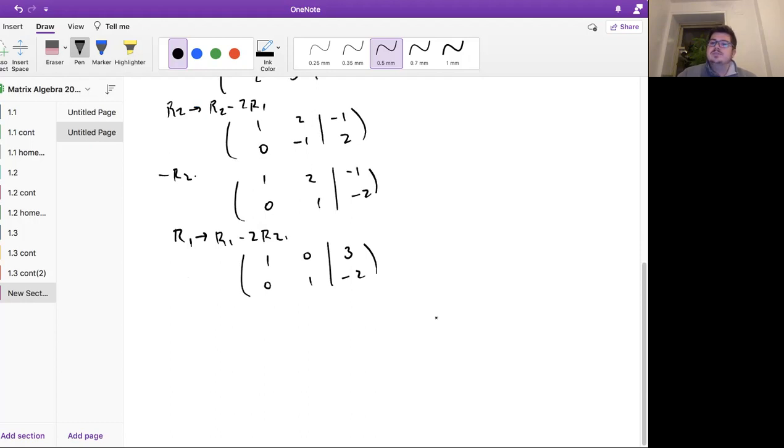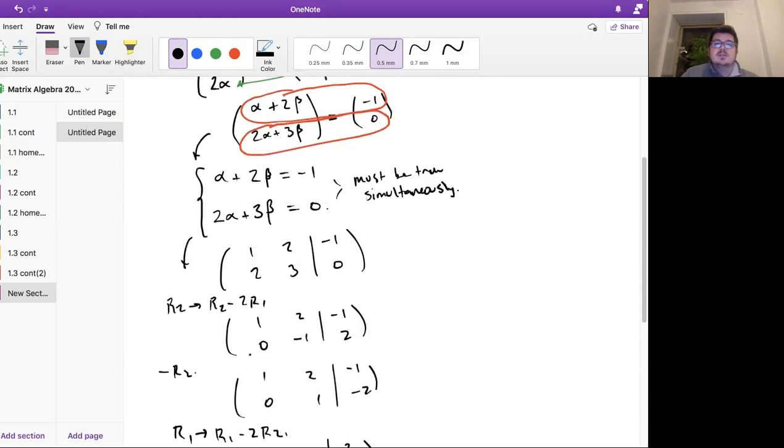Okay, so what's the solution? What's my alpha and beta? This is my alpha column and this is my beta column. Yes. So alpha is equal to 3 and beta is equal to -2.